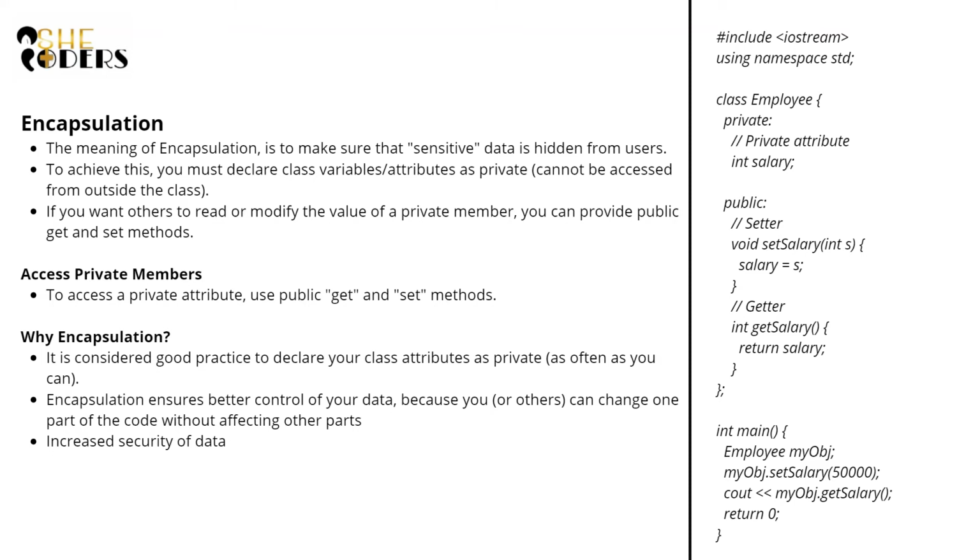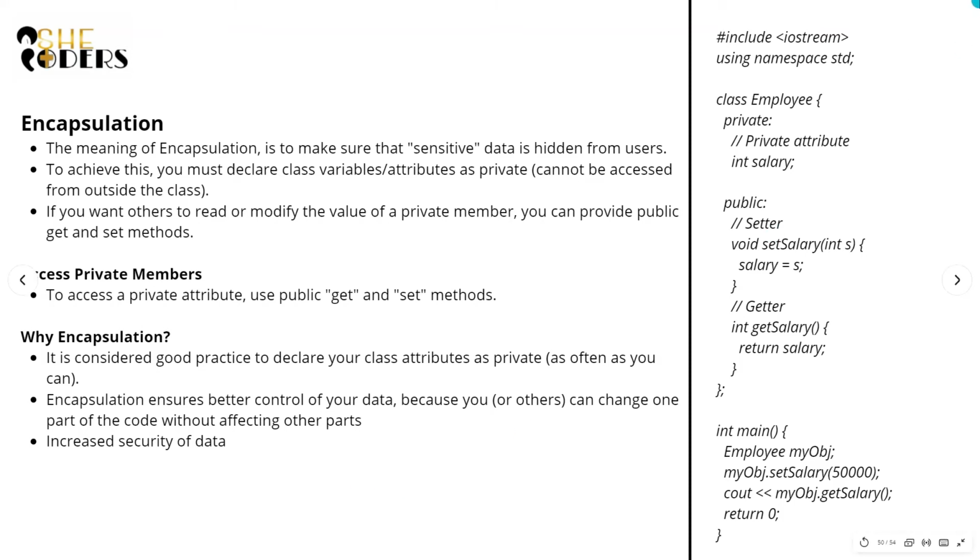As we are hiding something inside a capsule, we obviously don't want the outside world to know what is inside. So for that, the class variables and attributes are declared as private. If you want others to read or modify the value of the private members, you can provide public get and set methods.